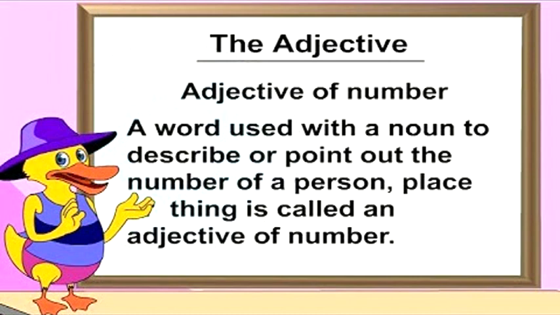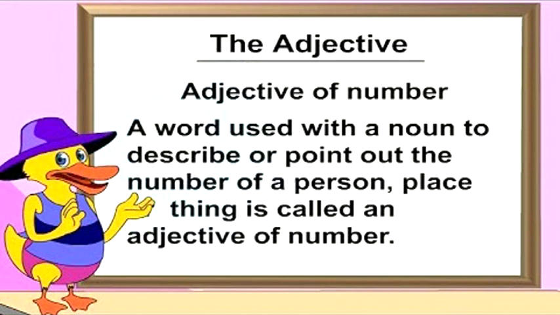Dear children, since it is an adjective, that means the word is used with a noun or a pronoun to describe or point out the number of a person, place or a thing. Okay?